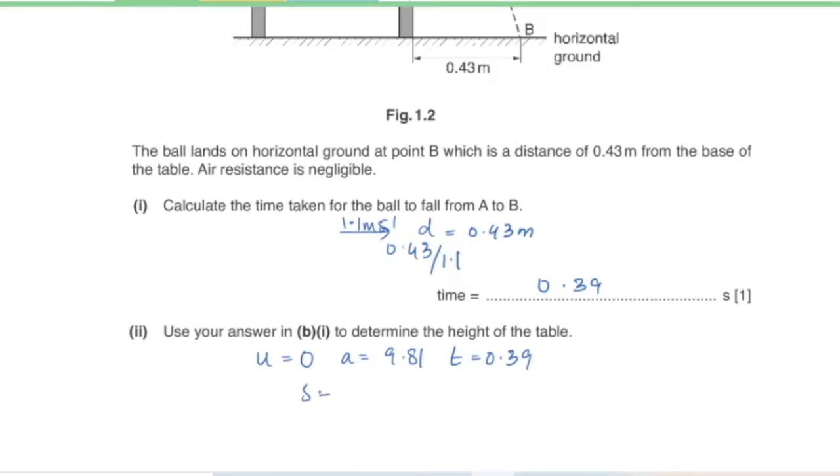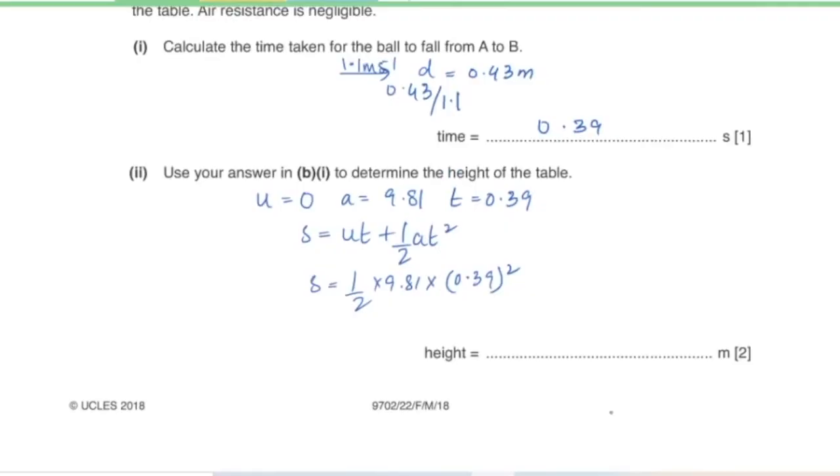So the vertical distance it covers is s = ut + 1/2 at squared. So s equals 1/2 into 9.81 into 0.39 squared, and hence the height covered from A to B is 0.75 meters.